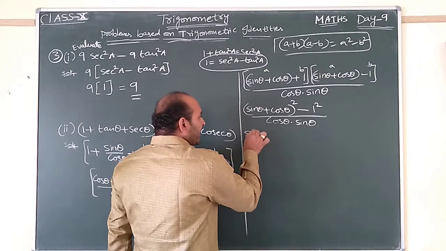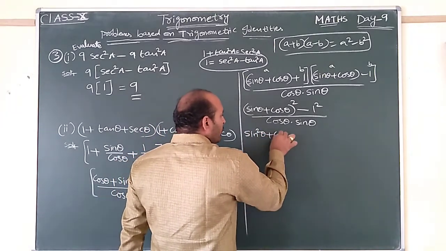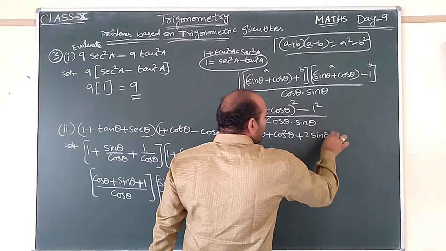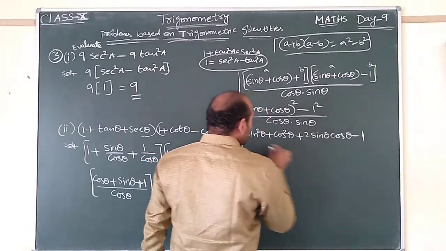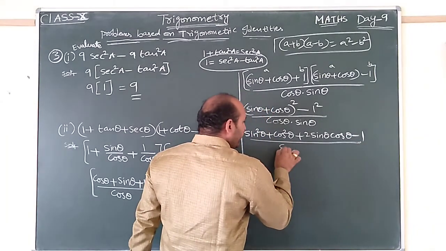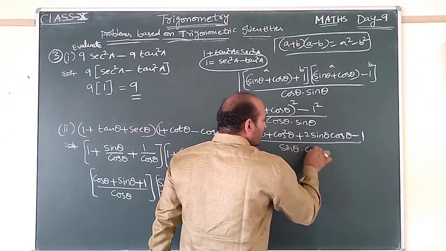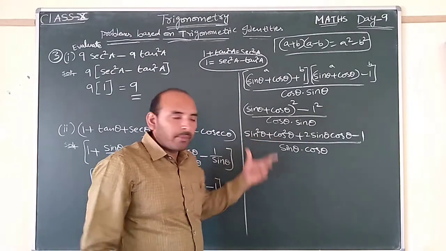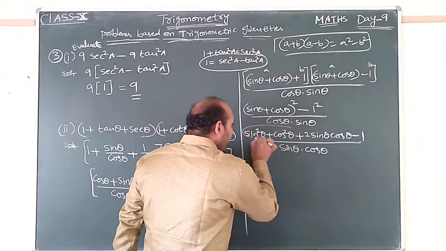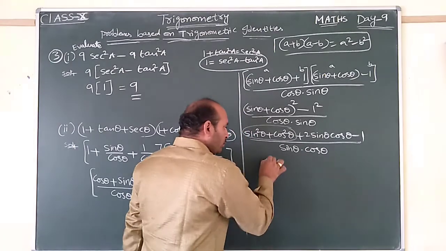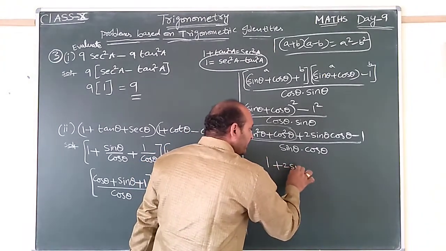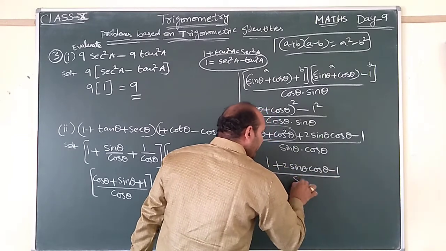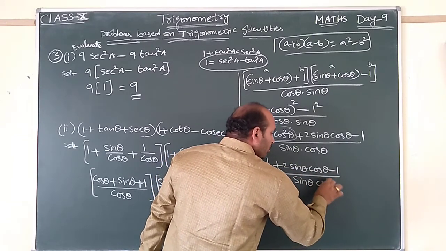That is sin square theta plus cos square theta plus 2 sin theta cos theta minus 1, divided by sin theta into cos theta. According to the trigonometry identity, sin square theta plus cos square theta is equal to 1. So 1 plus 2 sin theta cos theta minus 1, divided by sin theta into cos theta.